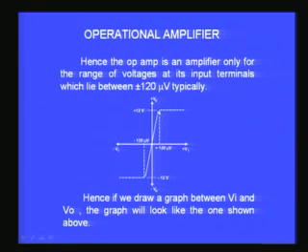It is a very important characteristic. Now, if you look at the slope of this line, the slope of the line will be the open loop gain of the operational amplifier, 10 power 5 in this case. Now, if it is perfectly going through 0, that means it has no offset voltage. When the input voltage is 0, the output voltage also is 0.